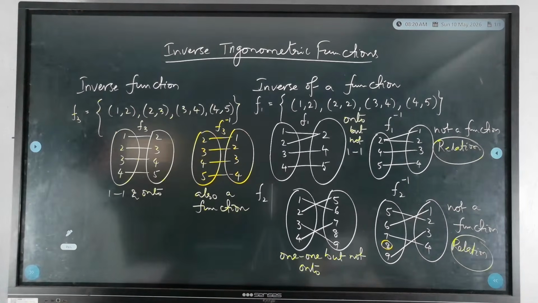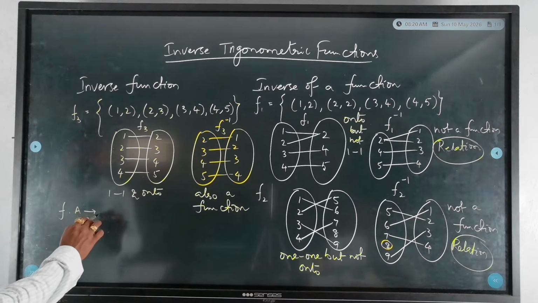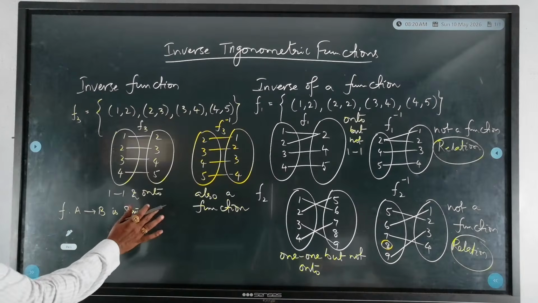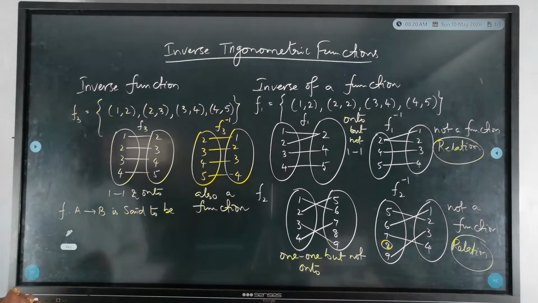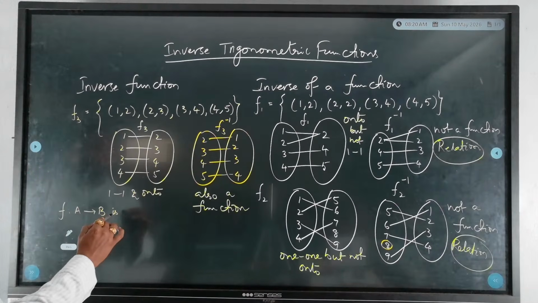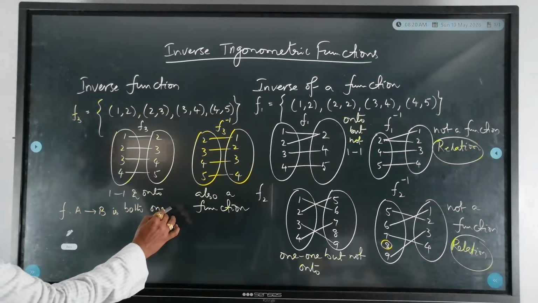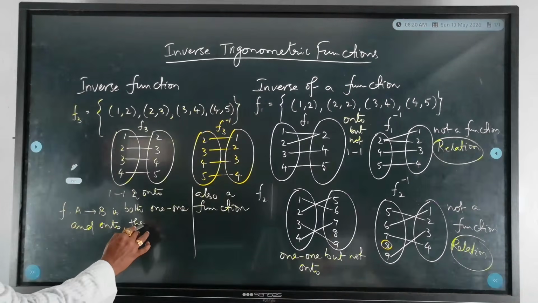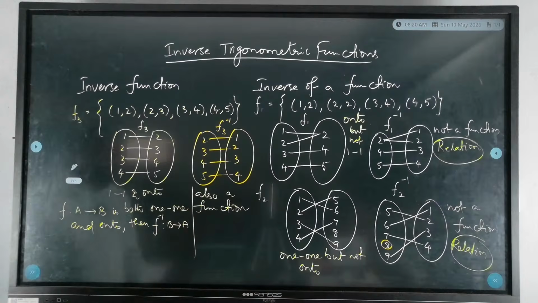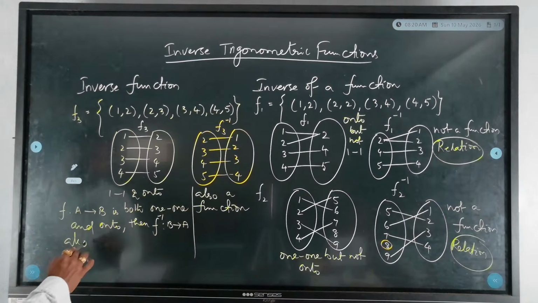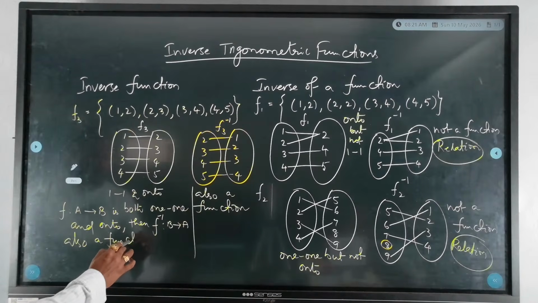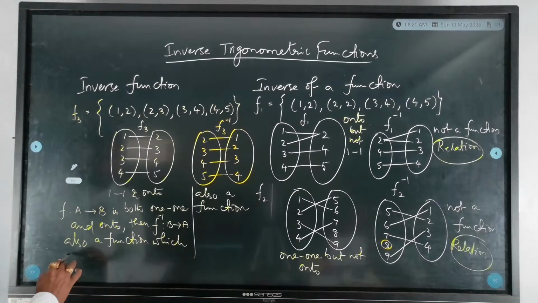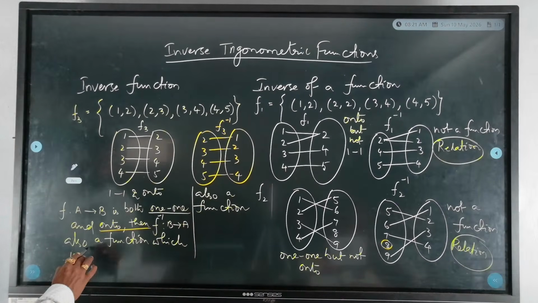If f maps from A to B and is both 1-1 and onto, then f inverse maps from B to A and is also a function. 1-1 and onto means it is a bijection.